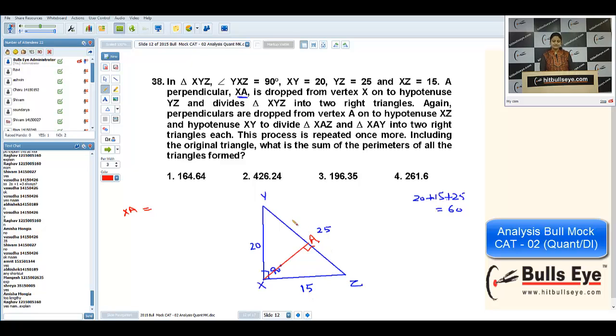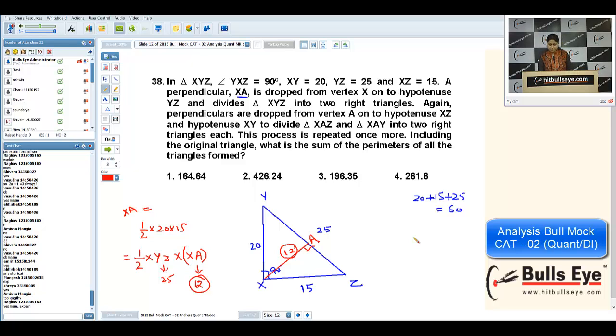Now, if I consider YZ as my base, which is 25 in this case, and XA as the perpendicular, what will be the value of XA? It will be 12.